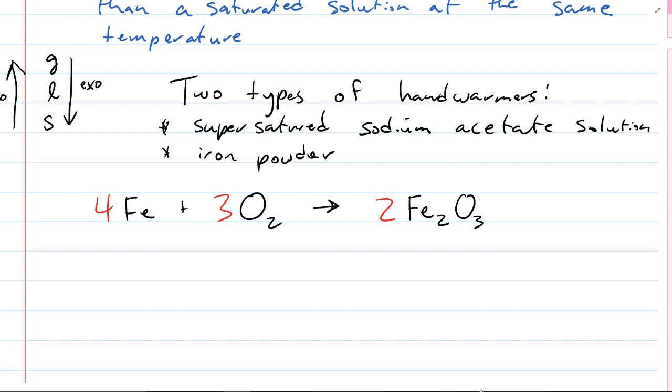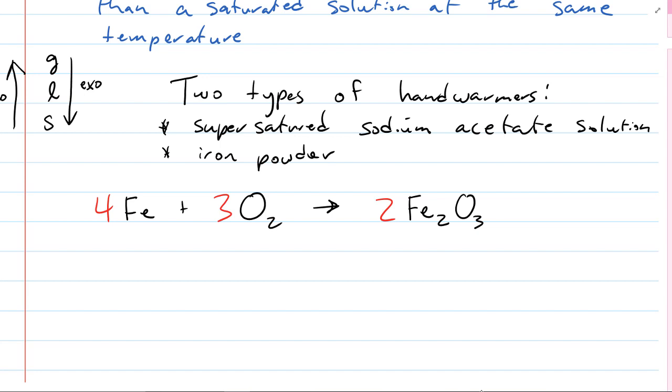Well, what happens to iron when it's exposed to oxygen? What do we normally observe when iron is exposed to oxygen? What are the next 2 ingredients on that package? Rust. Yeah, this is rust.